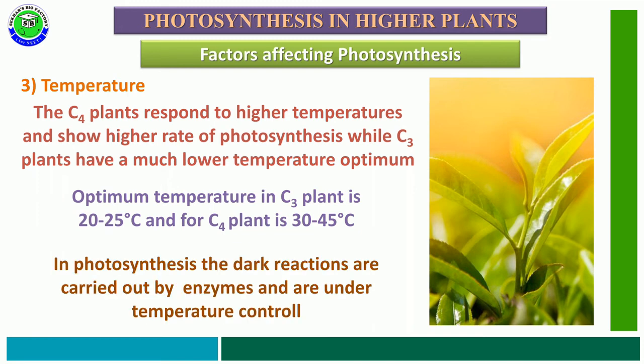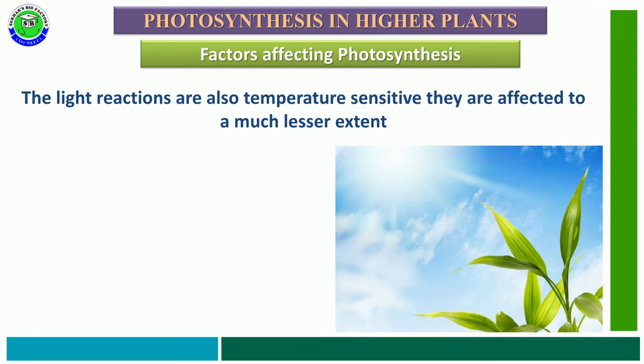In photosynthesis, the dark reactions are carried out by various enzymes, and these enzymes are more sensitive to temperature, and the entire dark reaction is under the control of temperature. The light reactions are also temperature sensitive, but these reactions are affected to a much lesser extent.